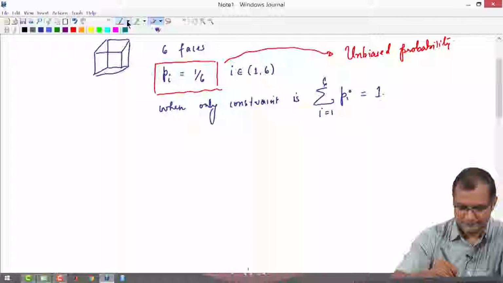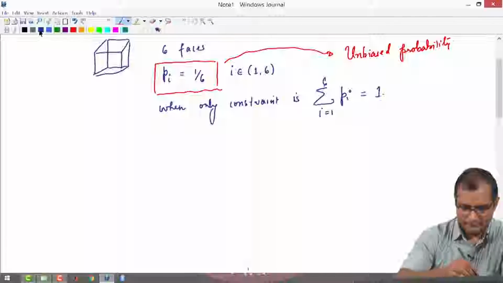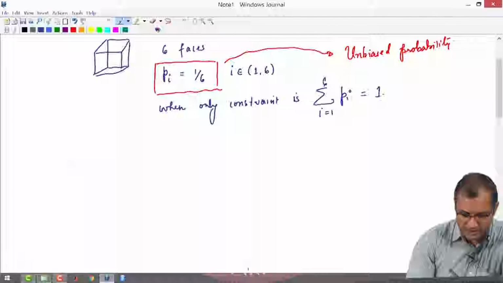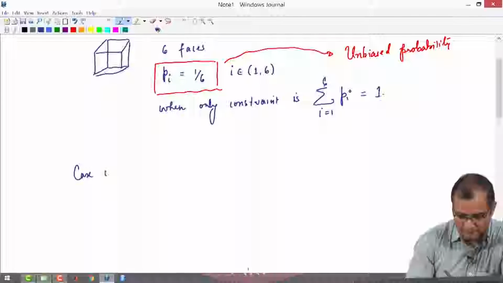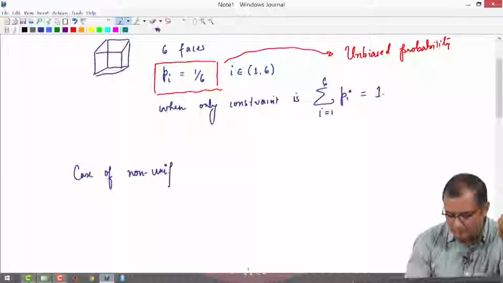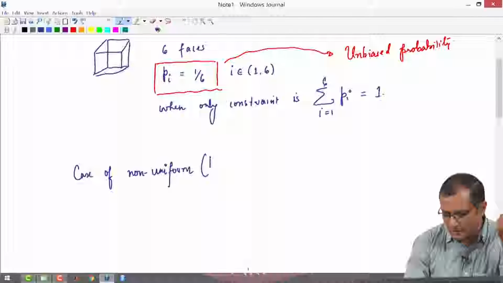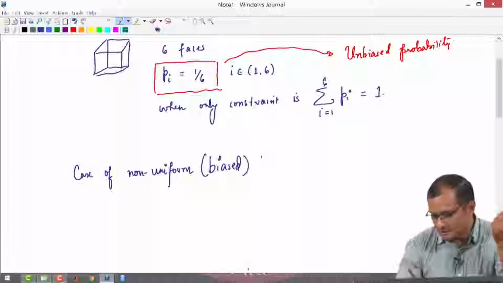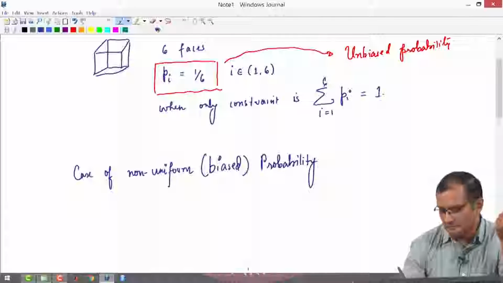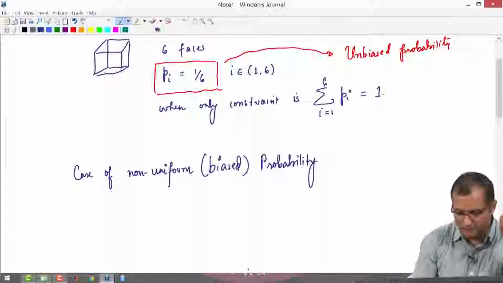I am going to consider the case of non-uniform or biased PDFs, or probability distributions.